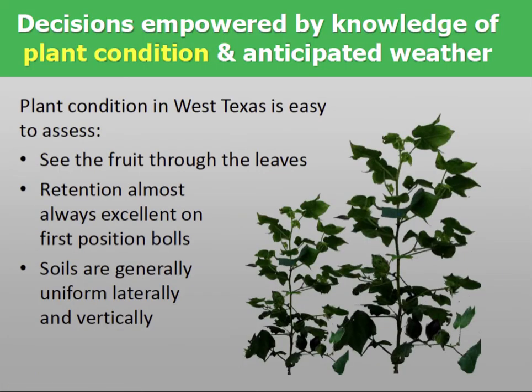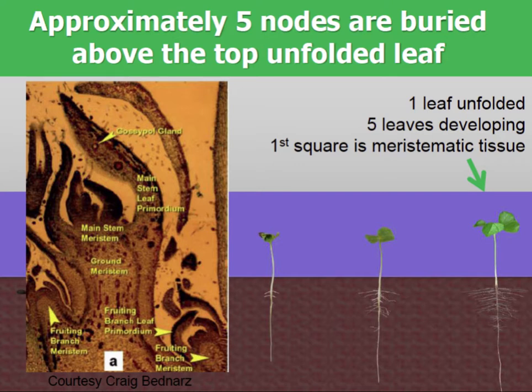So I'm going to tell you a little bit about some of the physiology that we see related to the growth of the cotton plant. To start out with, before you get to about node 5 or 6, the bulk of the evaporation that you're going to have is from the soil.